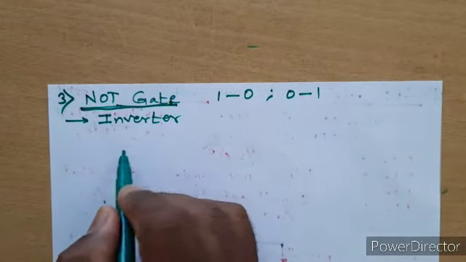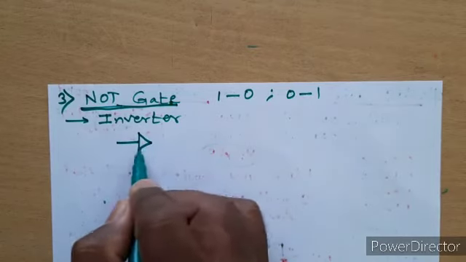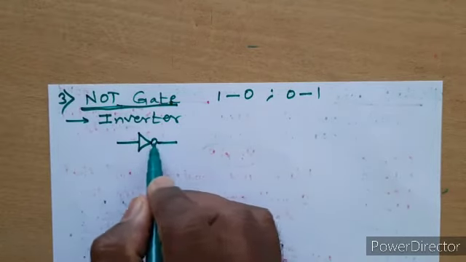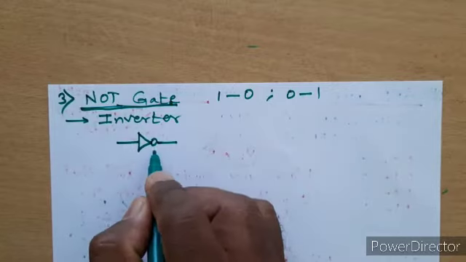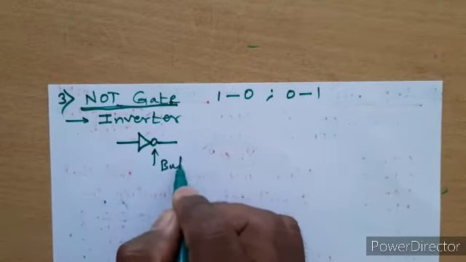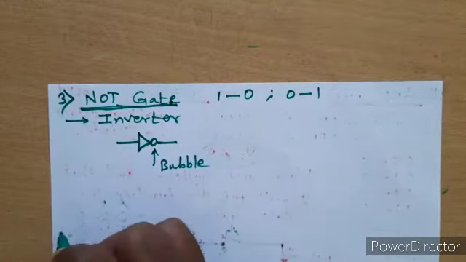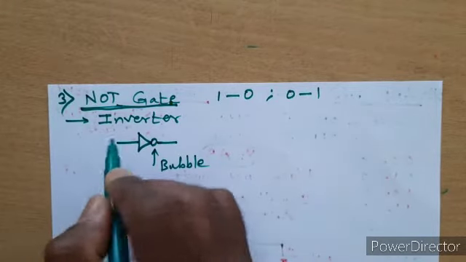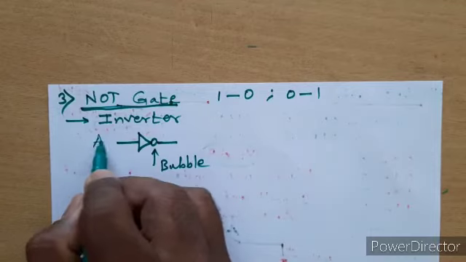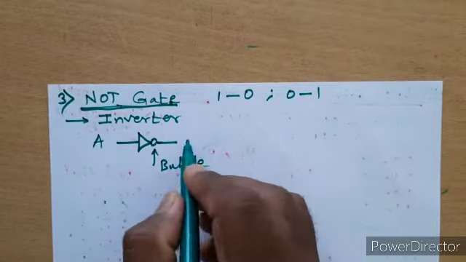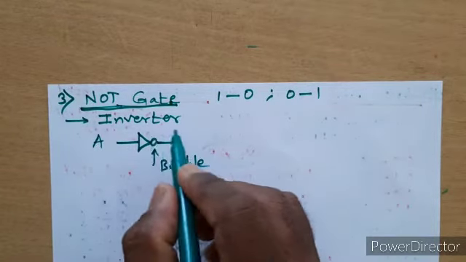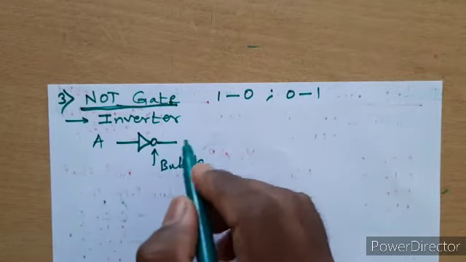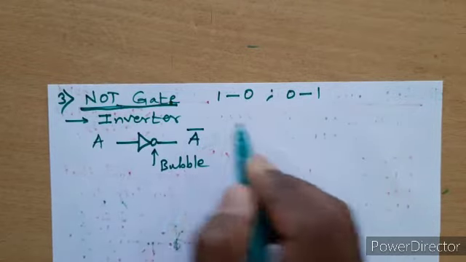So the symbol for NOT gate is a triangle and a circle. This small circle is called a bubble, right? This input you can call A, and in digital terms, the output of the NOT gate is called A bar.